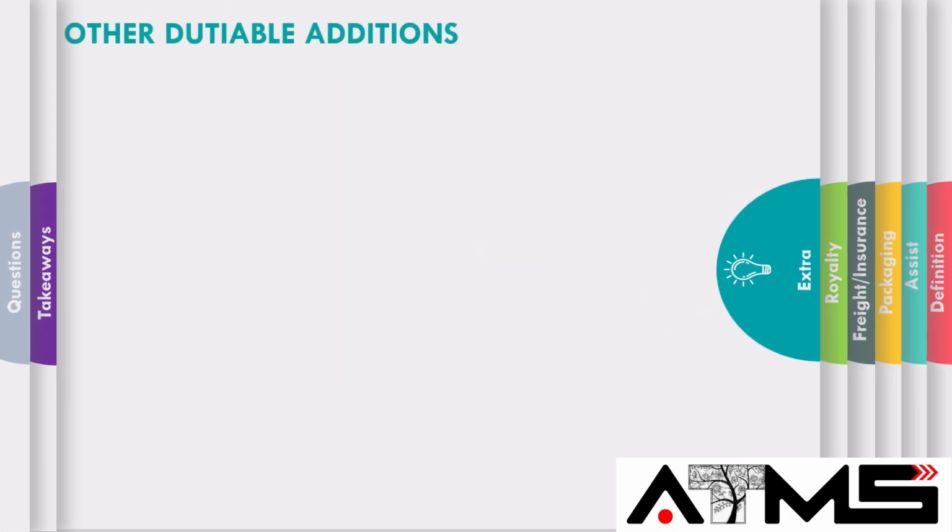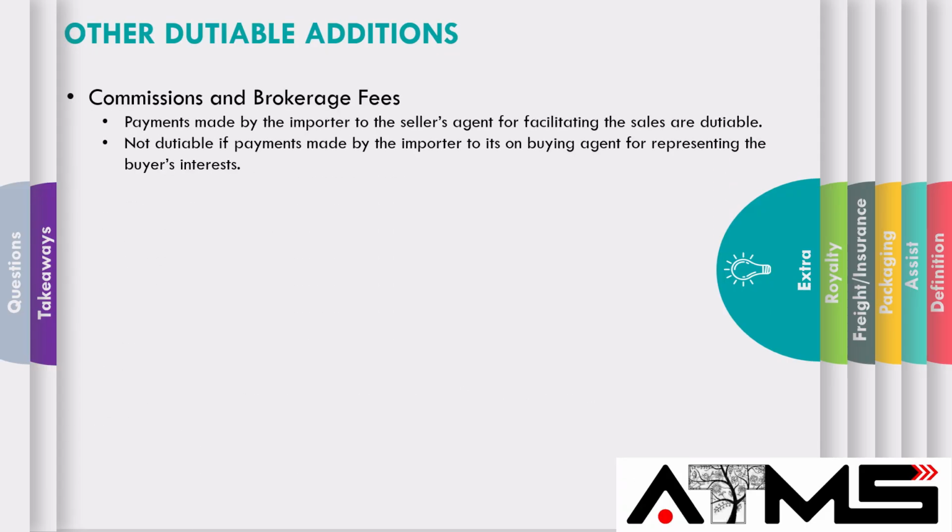There are other items that may be subject to duty. First, commissions or brokerage fees paid by the importer to an agent, except for bona fide buying commissions, are dutiable. Second, proceeds or rebates the importer pays back to the seller after resales are the same case.